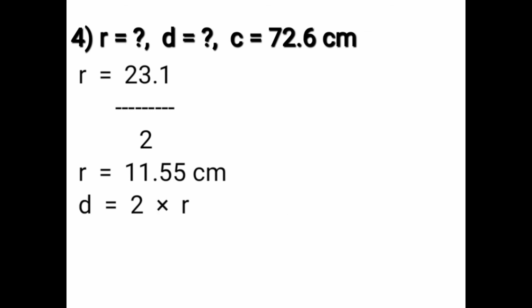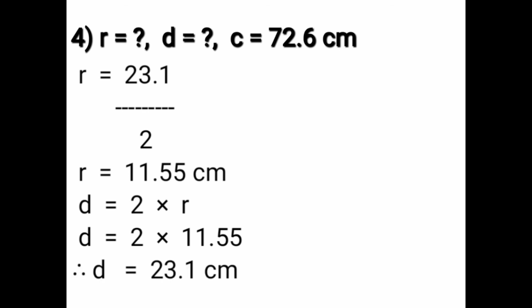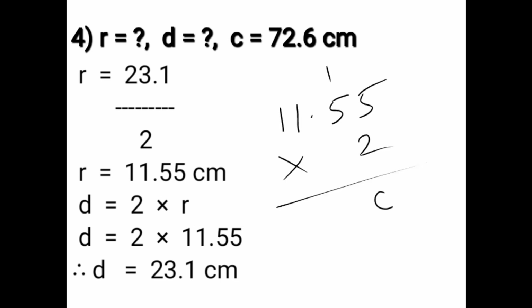Now find the diameter. The diameter formula is 2 multiplied by radius. Diameter is equal to 2 into 11.55. Therefore the diameter is equal to 23.1 centimeter. How? When you multiply 11.55 into 2: 2 fives are 10, 10 plus 1, 11. 2 ones are 2, 2 plus 1 is 3. 2 ones are 2.